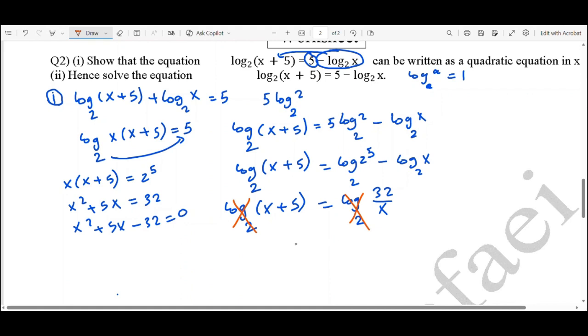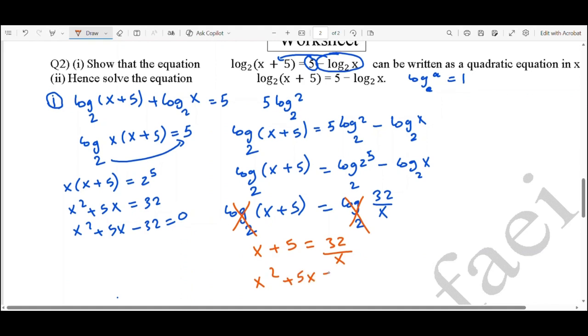I have one logarithmic term on the left side, one on the right side, both sharing the same base. I can cancel both. So x plus 5 equals 32 over x, cross multiplication, x squared plus 5x equals 32. X squared plus 5x minus 32 equals 0.